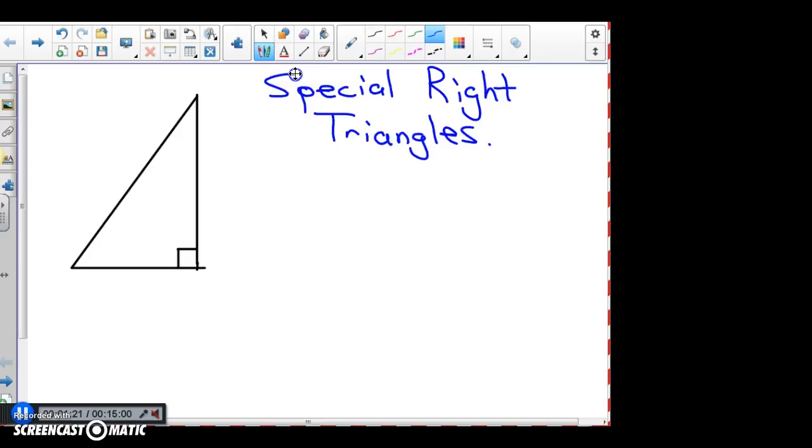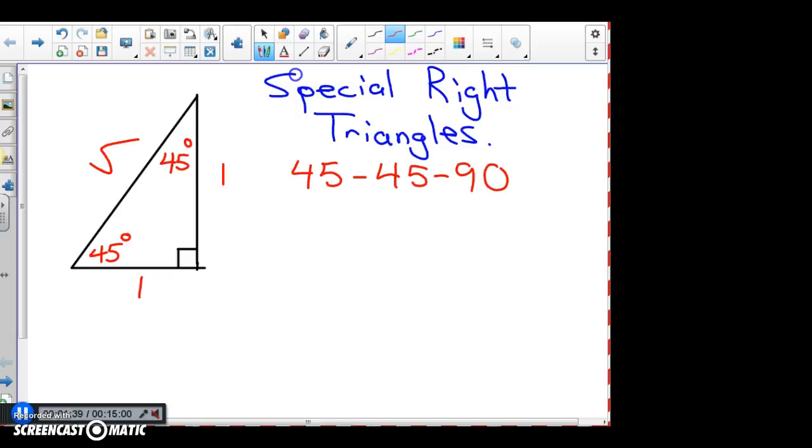So the first one I'm going to look at is, what if I have a 45-45-90 triangle? These numbers refer to the degrees in the triangle. Well, we set it up like this. I want to write this down and then I'm going to explain it. First thing I want you to notice, this one right here may be any number.